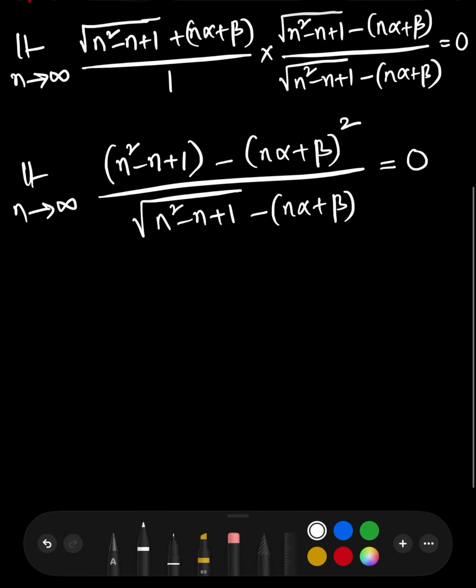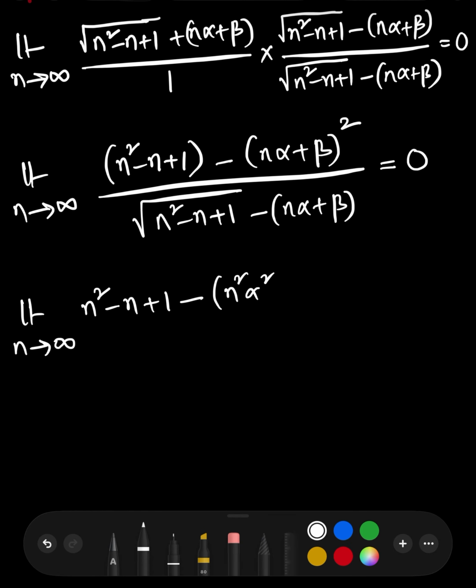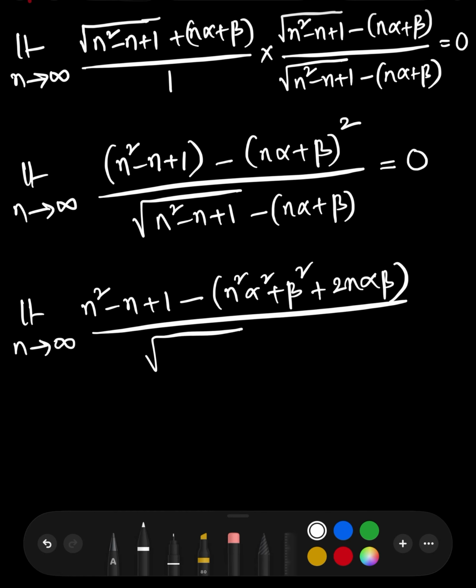Now solving the numerator further, the limit as n tends to infinity is n square minus n plus 1 minus n square alpha square plus beta square plus 2n alpha beta, whole divided by root over n square minus n plus 1 minus n alpha plus beta, equals 0.